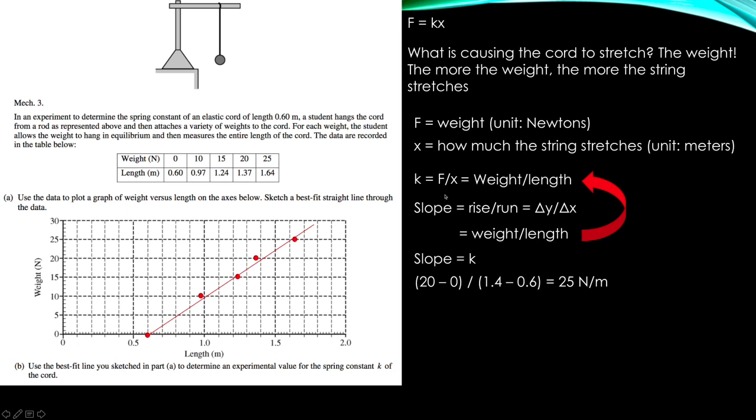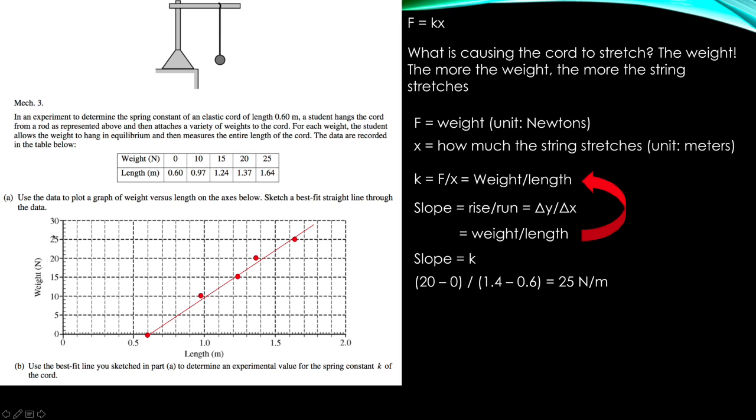So if we solve for k here, we'll get k is equal to F over x, which in this situation is equal to weight over length. Because as I said before, the force that we're focusing on is the weight, the force that's caused by gravity. That's the thing that's causing the cord to stretch. The length is just simply how much the cord stretches.